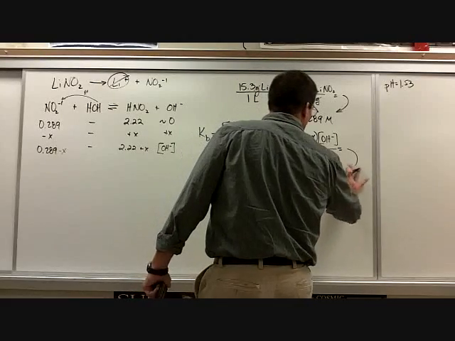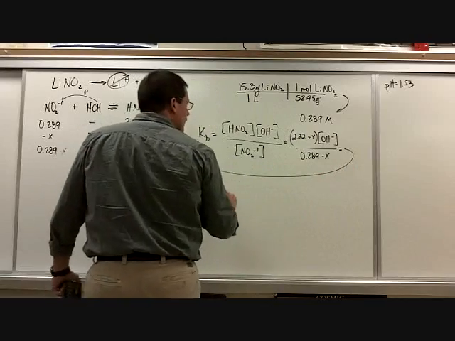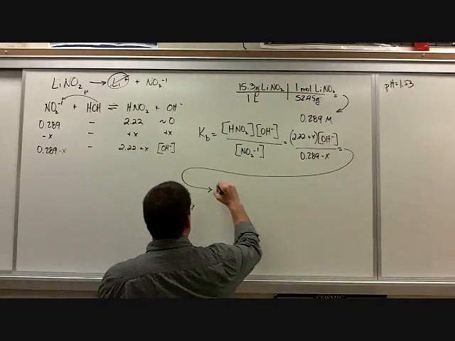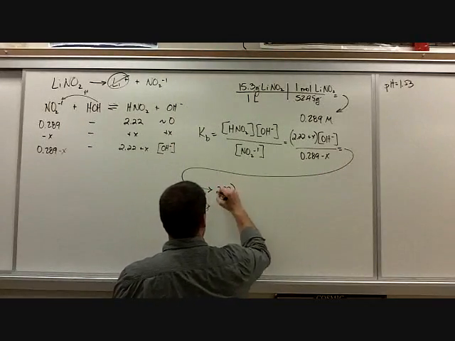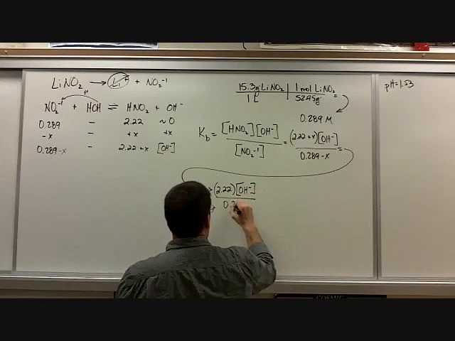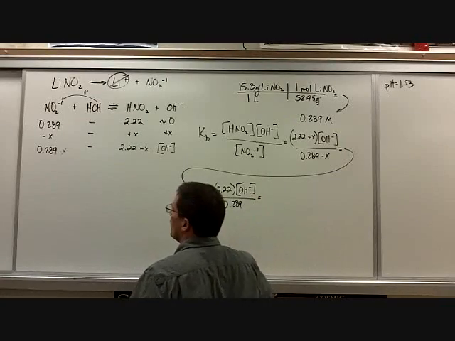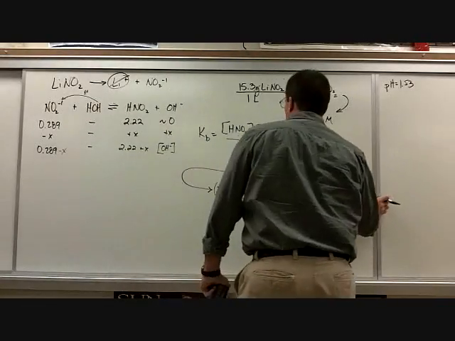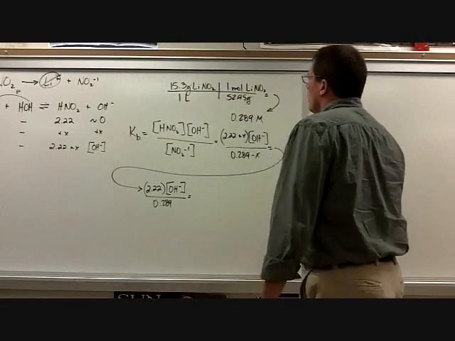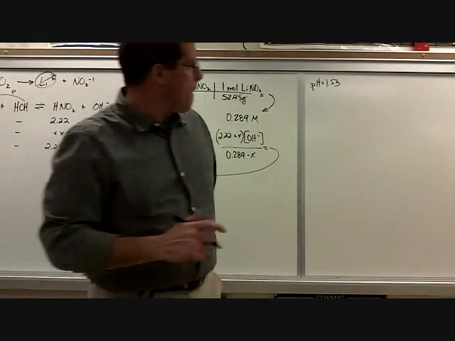Let's make that a better arrow. All right. And that was equal to, we didn't find our Kb yet, did we? Beautiful. What was our Ka? 4.0 times 10 negative 4.